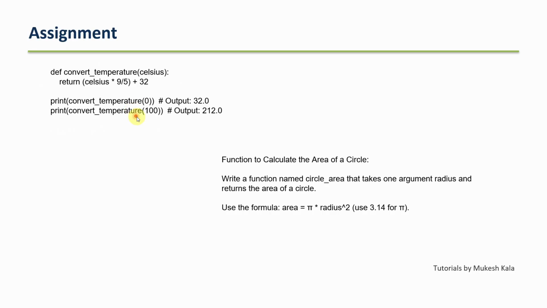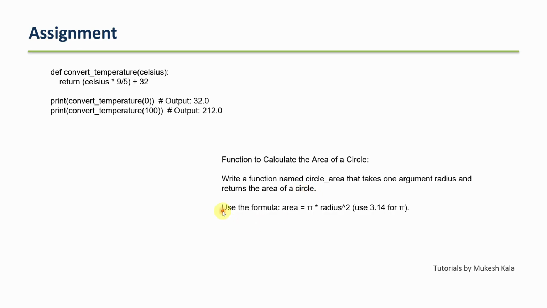Now the second assignment is you have to calculate the area of a circle. People who are coming from maths know what the area of a circle is. You have to write a function named circle underscore area that takes one argument, because to calculate the circle we need the radius. So you have the radius as the input and you have to return the area of the circle.